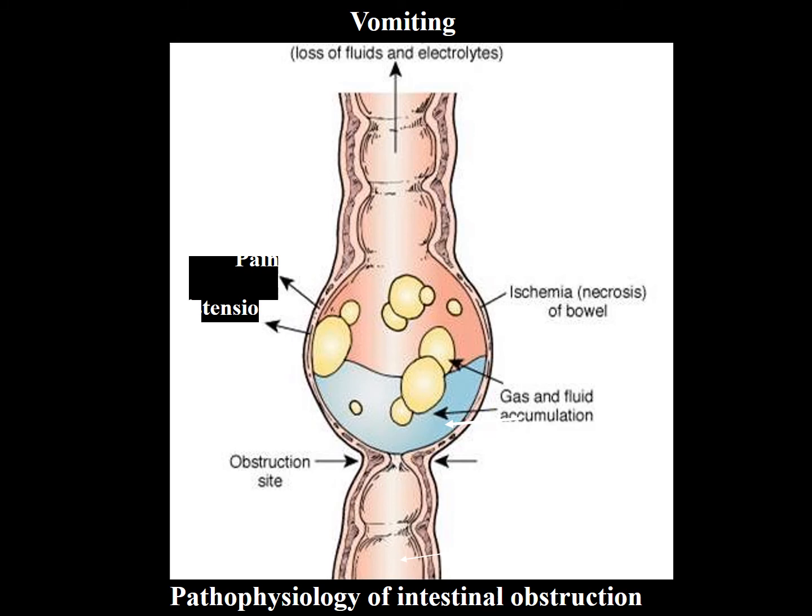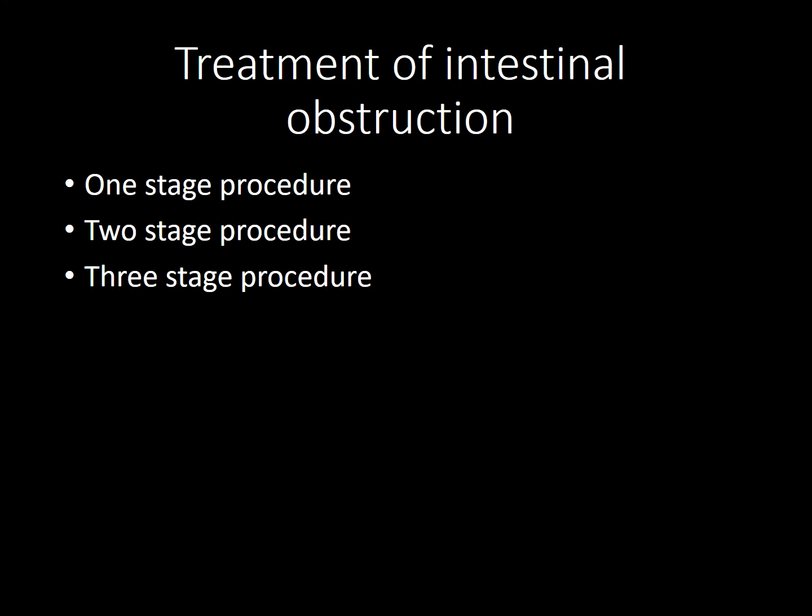The 4 cardinal signs of the intestinal obstruction are pain, vomiting, abdominal distension, and absolute constipation. How can we treat the intestinal obstruction? Either one-stage procedure, two-stage procedure, or three-stage procedure.